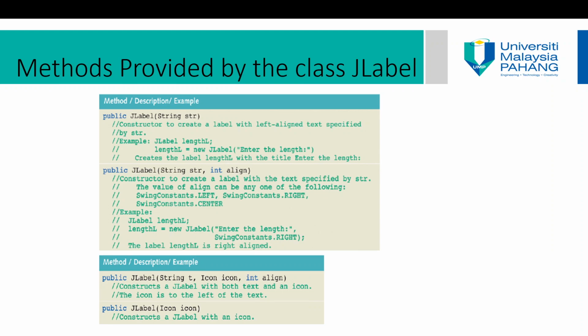For example, here you have two constructors of labels: JLabel with one string parameter, and we also have an overloaded constructor JLabel with two parameters, whereby we can provide an argument of string and alignment.